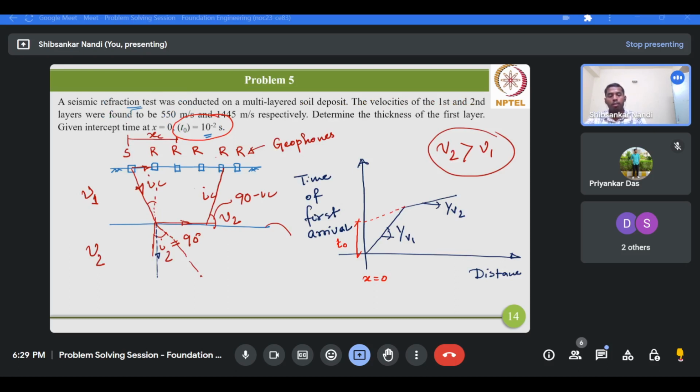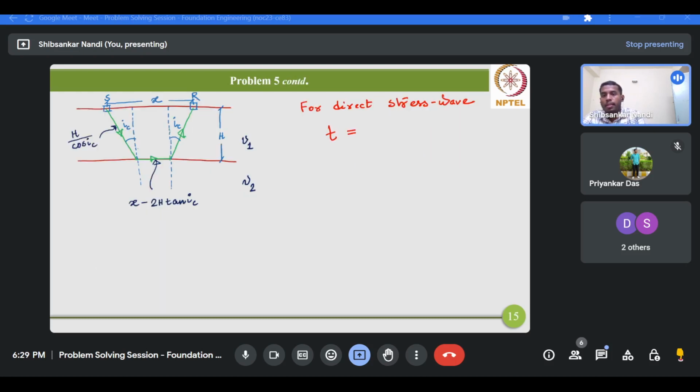Suppose the receiver is located from the source at a distance of x. Now what will be the time of travel for the direct wave? The direct wave is basically traveling in this way, from H to R along this straight line. It will be simply distance upon velocity. So the distance is x, and the velocity is the velocity of the first layer only, so v1. So this is the time of travel for the direct wave.